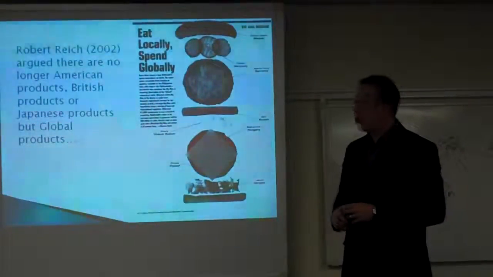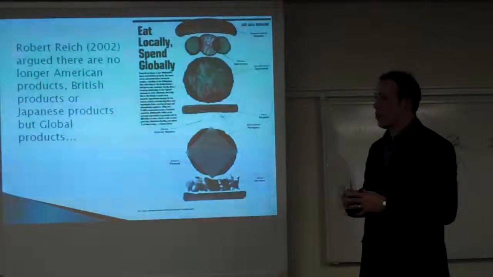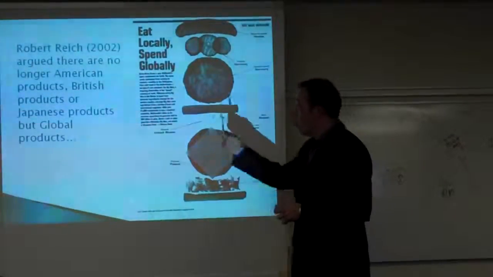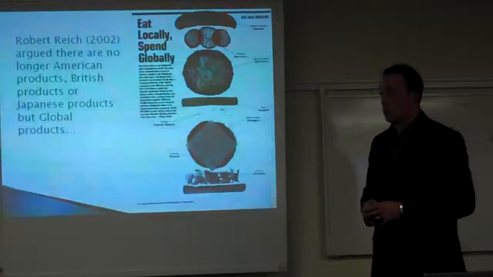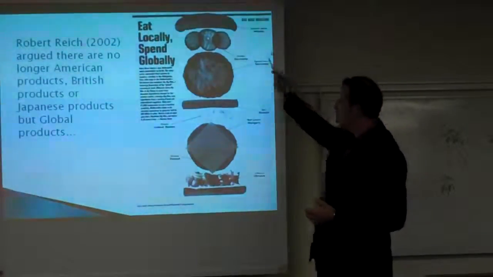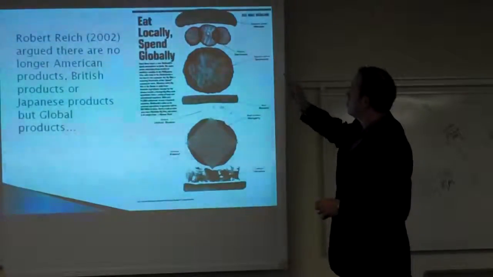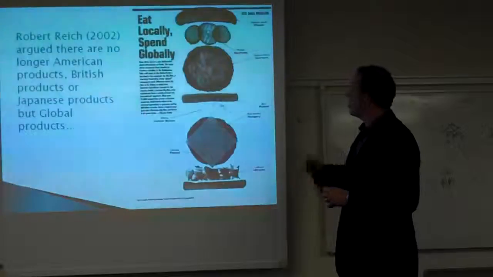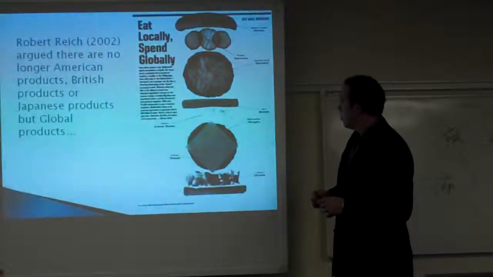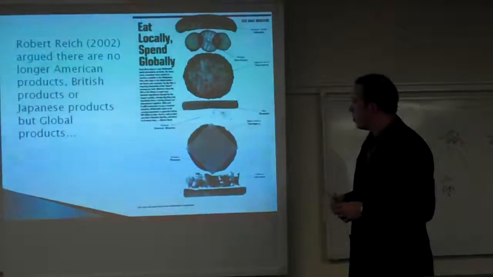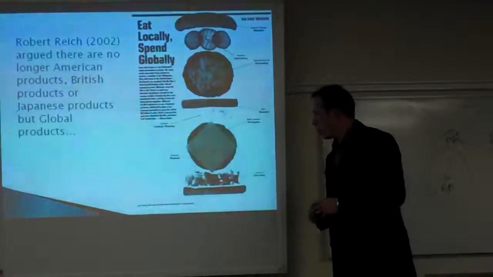A final example of the globalisation of production, and how it affects the face of countries today. Robert Reich argued that they're no longer American products, British products or Japanese products, but global products. If we look at something as simple as the hamburger, the Big Mac in Ukraine, the buns are supplied from Mexico, the seeds, the pickles from Germany, Hungary supplied the onions, Poland the burger, Ukraine the lettuce.